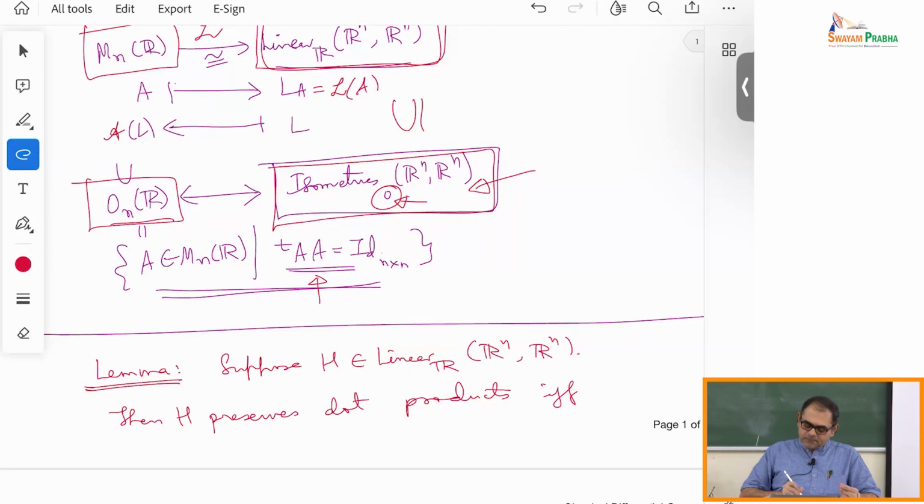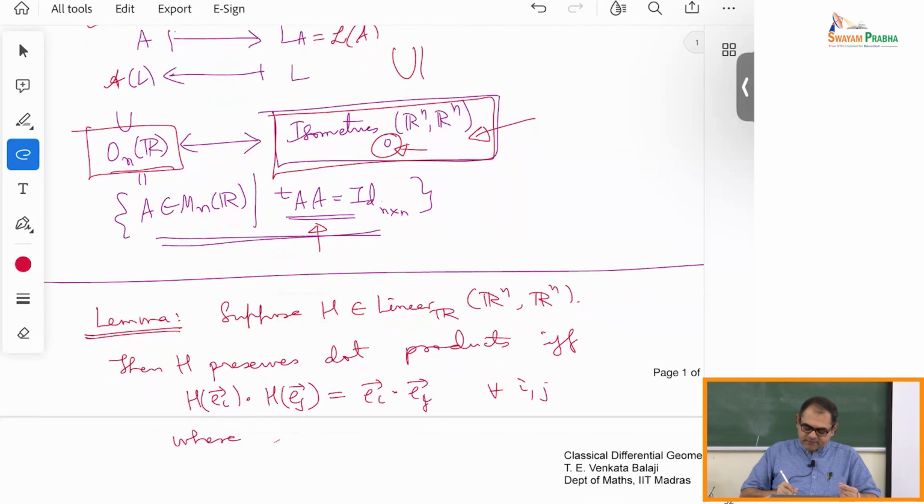if and only if H ei dot H ej is equal to ei dot ej for every i, j, where the ei are the standard basis vectors e1 up to en. When I say for all i, j, I mean 1 less than or equal to i, j less than or equal to n.